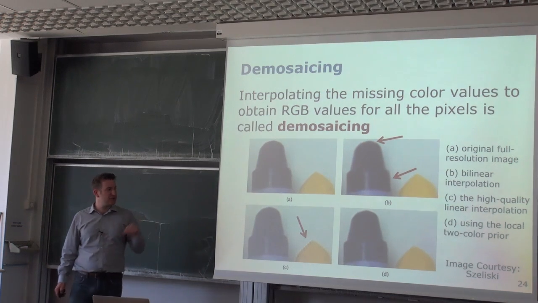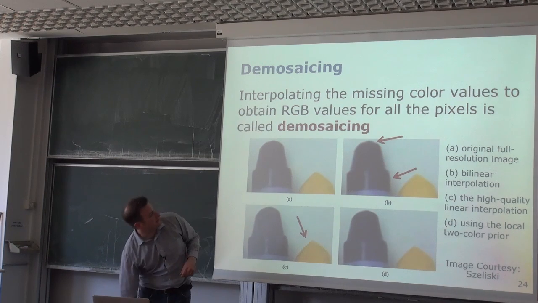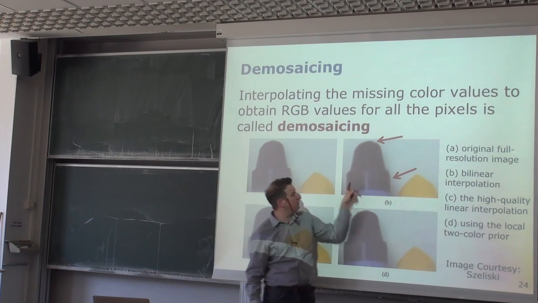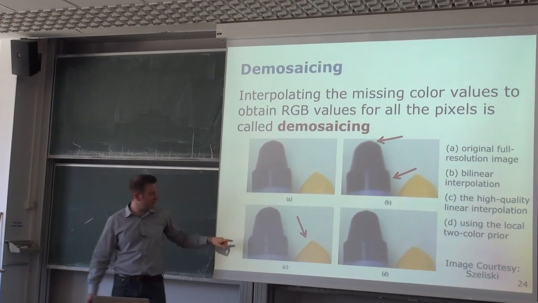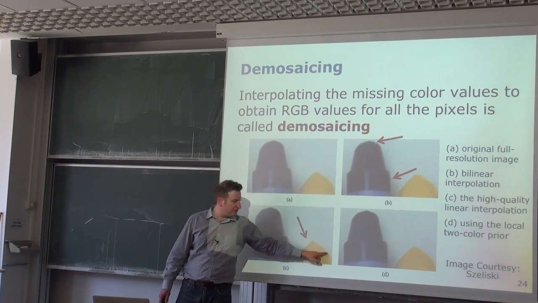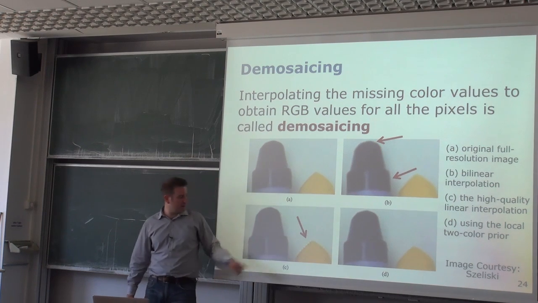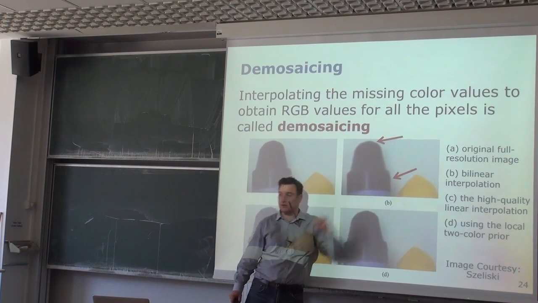And there's a large number of different demosaicing techniques that are available. So this is bilinear interpolation, a commonly used one, where you actually have those color mistakes. There are others, like this one, which does a pretty good job over here, but you get this checkerboard-like error that you can see over here, where this one actually did a pretty good job.